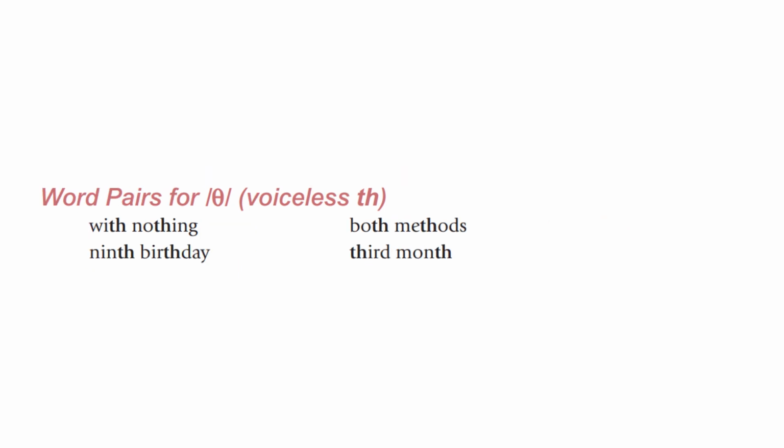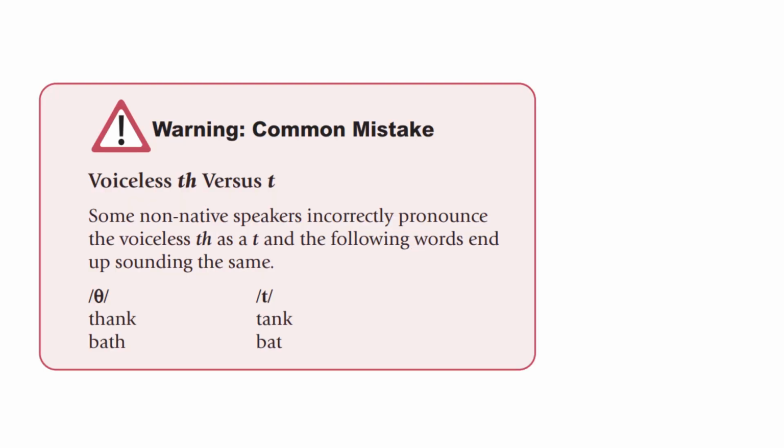Word pairs for the voiceless TH. With nothing. Ninth birthday. Both methods. Third month. Warning. Common mistake.